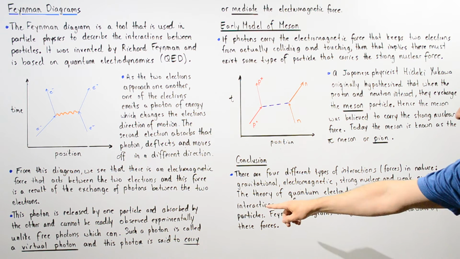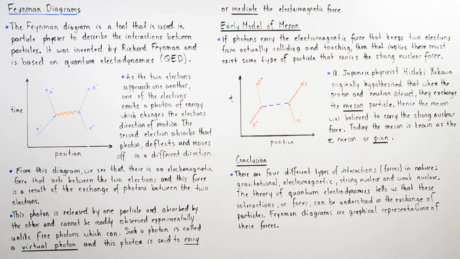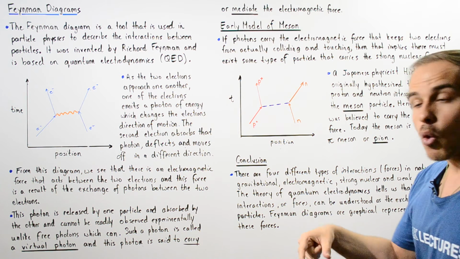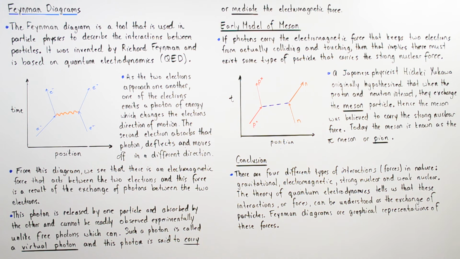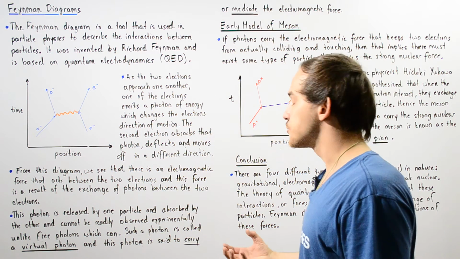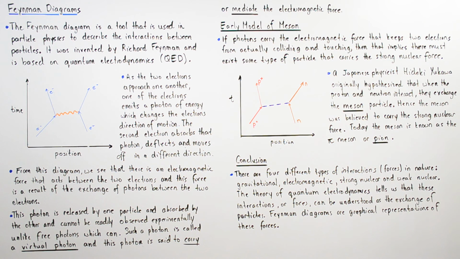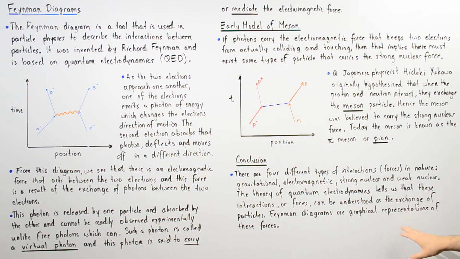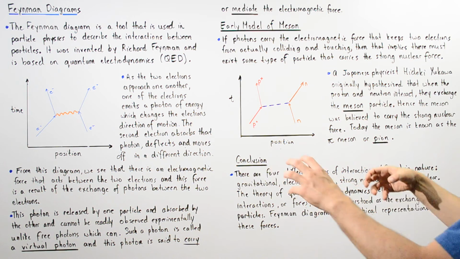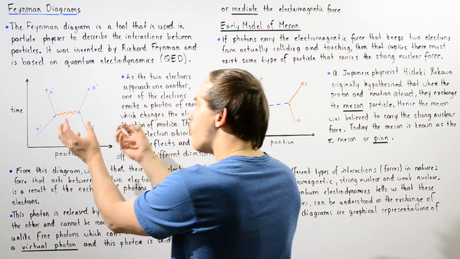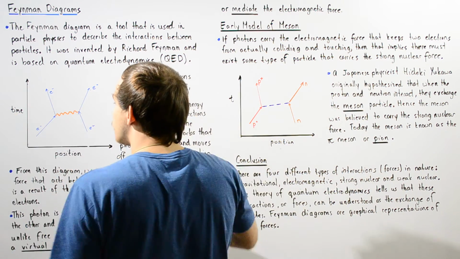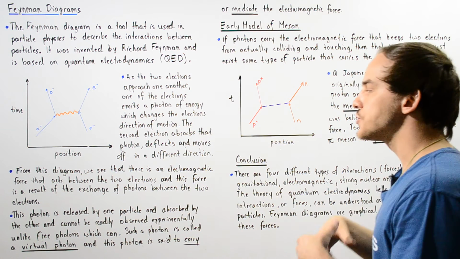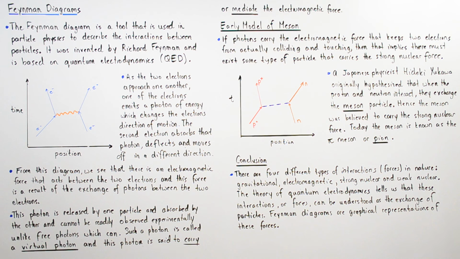So basically, the theory of quantum electrodynamics tells us that these interactions or forces can be understood as the exchange of different particles. And the Feynman diagram basically uses a graphical method to represent how these interactions, how these forces that exist between our subatomic particles actually interact with one another.